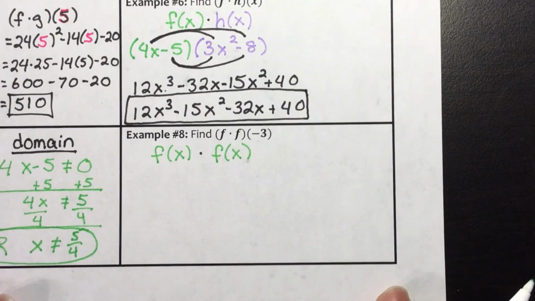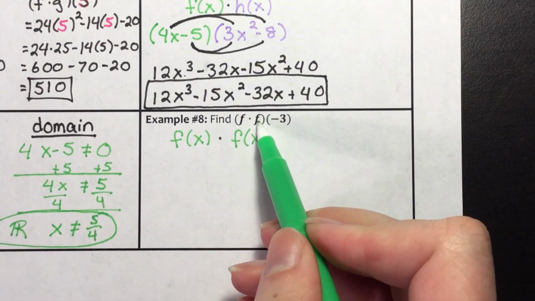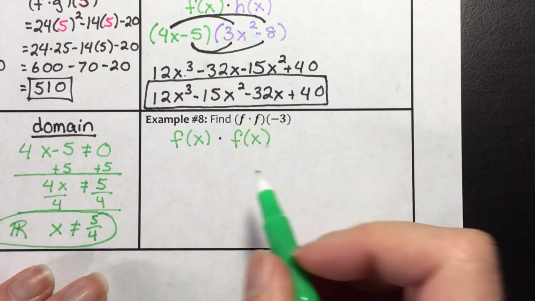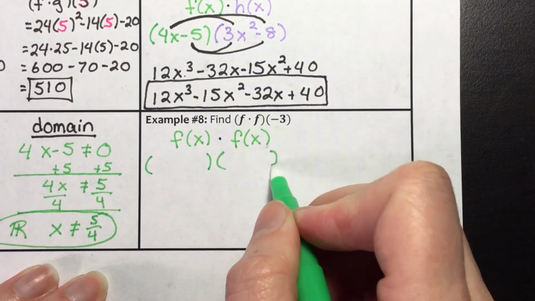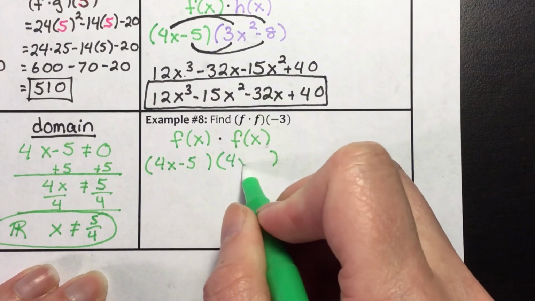All right, number 8, f times f of negative 3. So we are going to do f of x times f of x, and then we're going to plug in negative 3. There's several ways to do these problems. I will also show you on the calculator on this one. So f of x times f of x. That's 4x minus 5 times 4x minus 5.